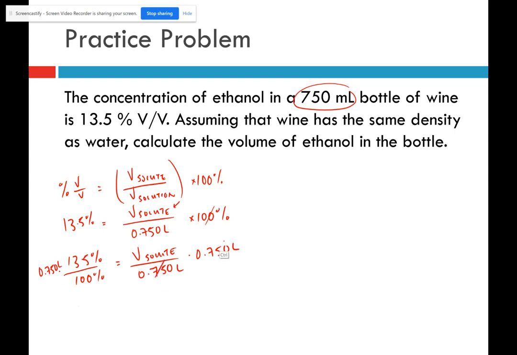Okay, to get this by itself. So now volume of solute is by itself. So volume of our solute is going to be 0.750 liters multiplied by 13.5%, all divided by 100. So that's going to give us 0.10125 liters.